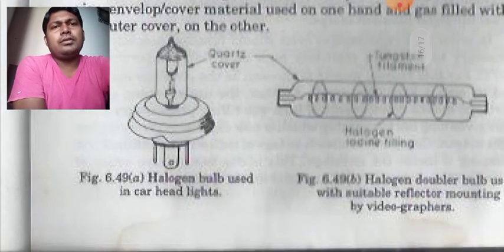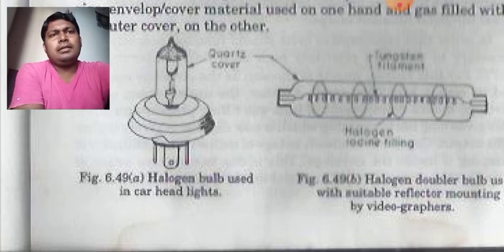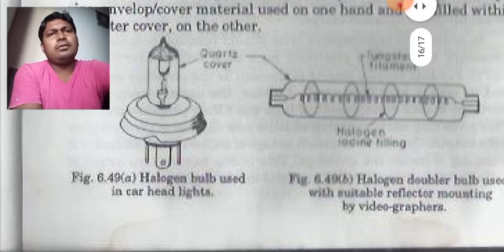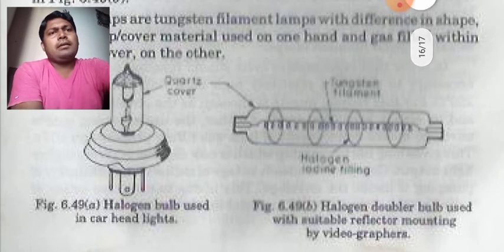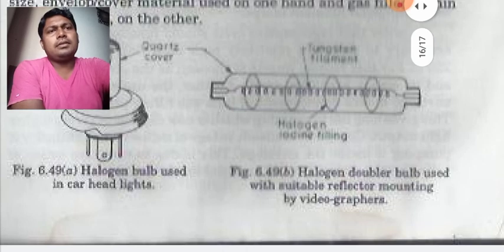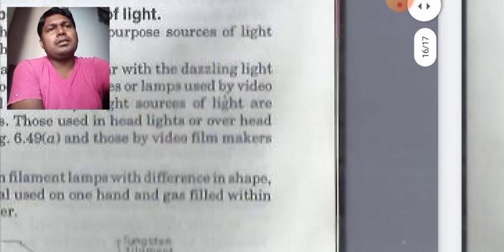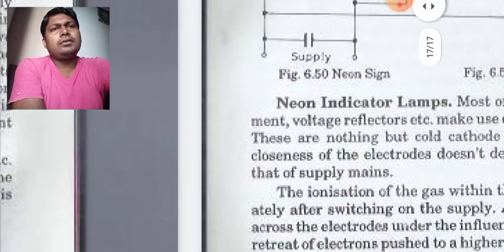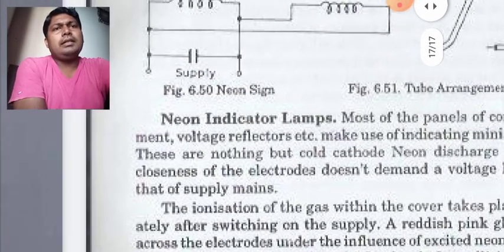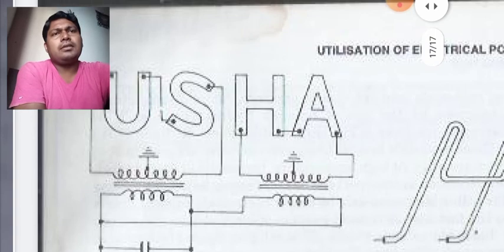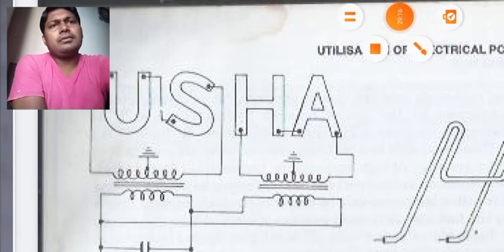So this is a halogen bulb which is used in a car, in the headlight. There is also a halogen iodine filling, which is used as a reflector also. This part we will be discussing in our next class. Also the neon indicator lamps will be discussed in our coming class. So thank you, students.